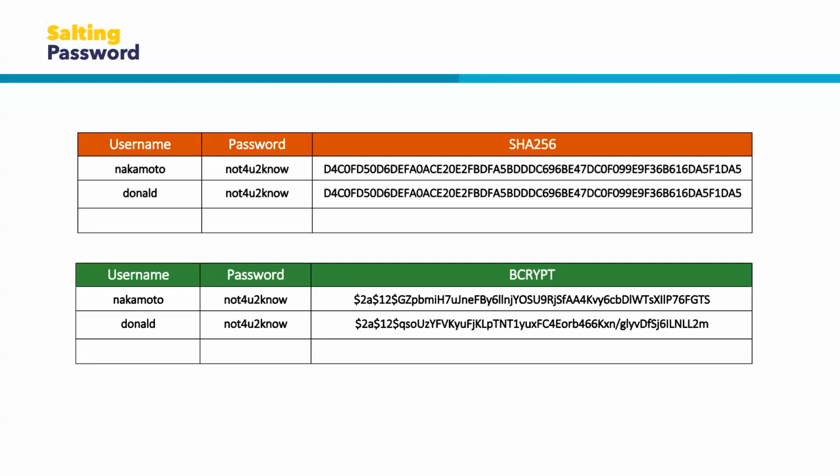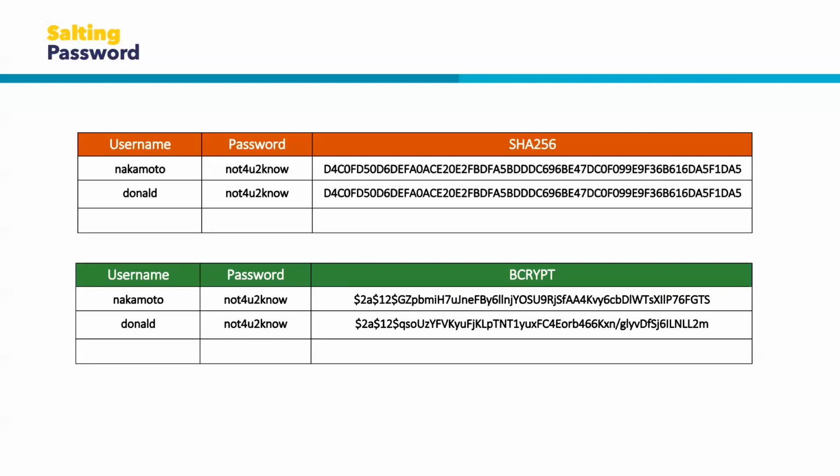Yes, we call it salting, but normally we don't really specify the salt. The salt is actually computed automatically by the encryption algorithm. For example, in our case we are using bcrypt. It's bcrypt that generates the salt for us, so it's computed internally.